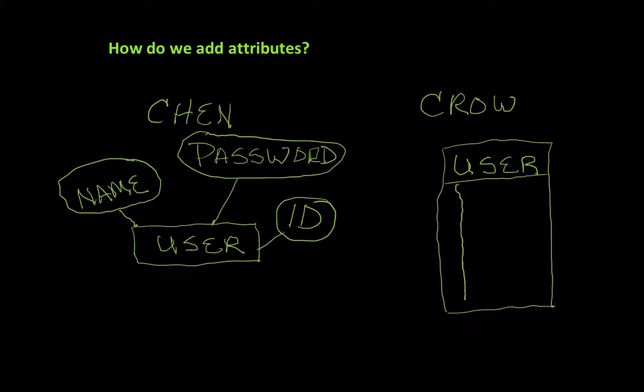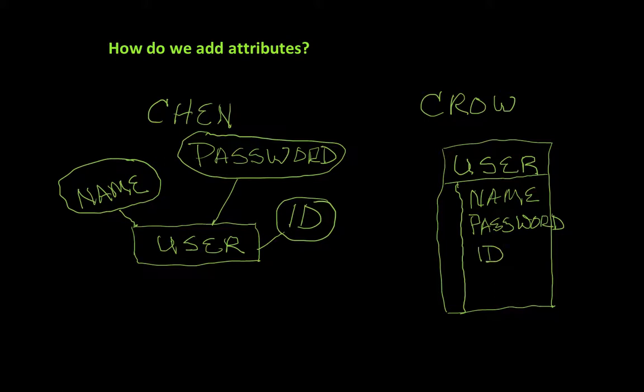And that rectangle is subdivided in two ways, as you see on the screen. And so our attributes under the crowfoot notation would be done like this: name, password, and ID.